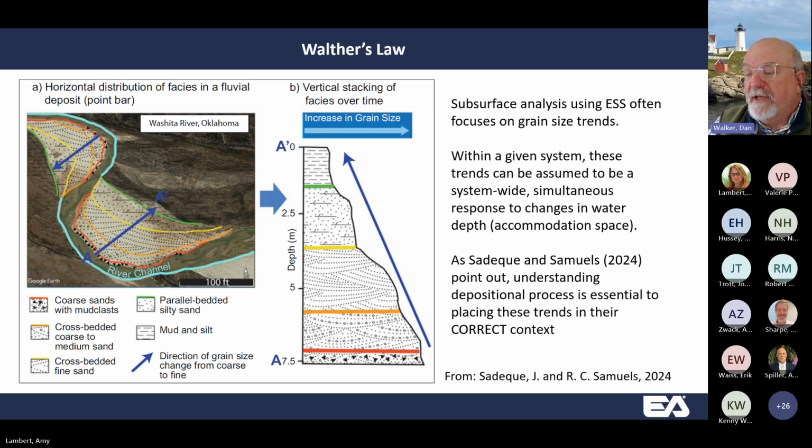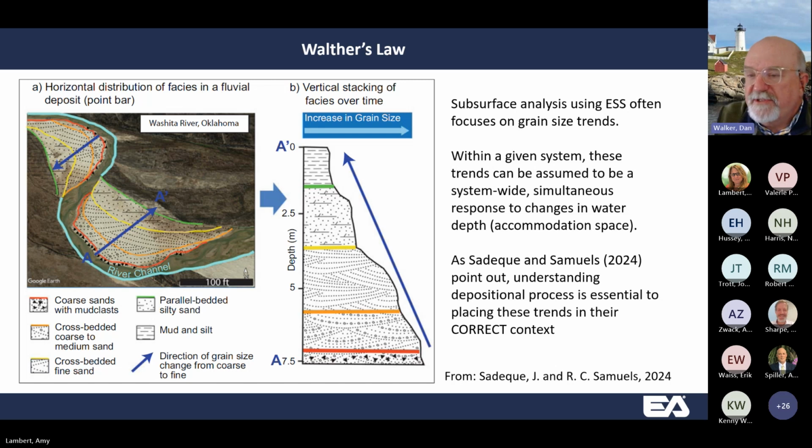So what does this look like on the ground? Well, we're going to talk about a series of examples here in fluvial settings. In this case, it's a meandering river or meandering stream. And at this scale, think of yourself on the riverbank, looking at this river. What you see is a series of depositional processes. Within the river channel itself, you've got pebbles and gravel down at the base of the river channel.